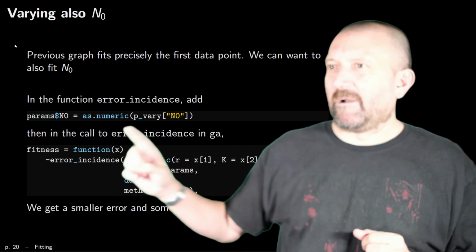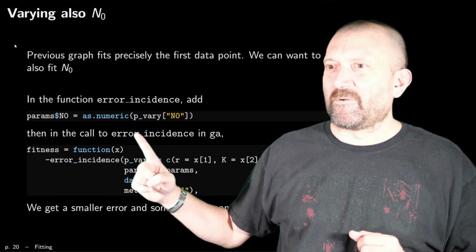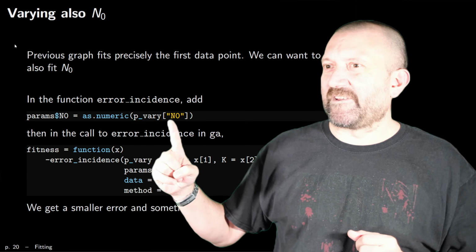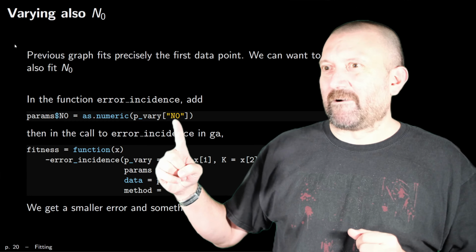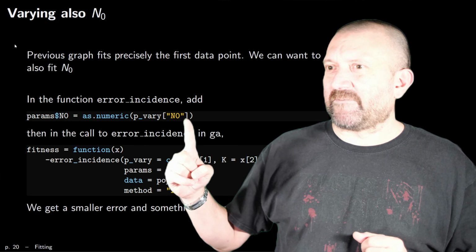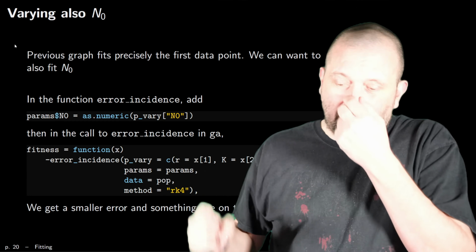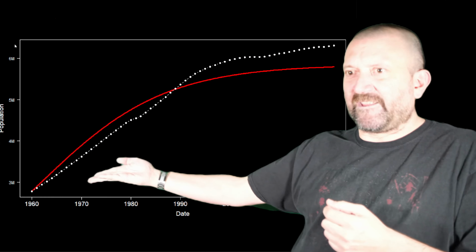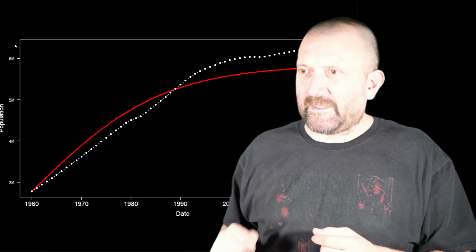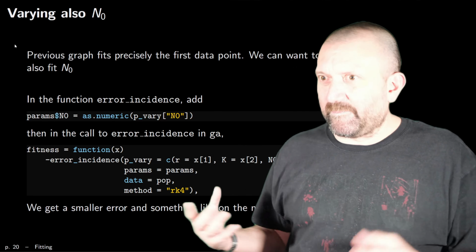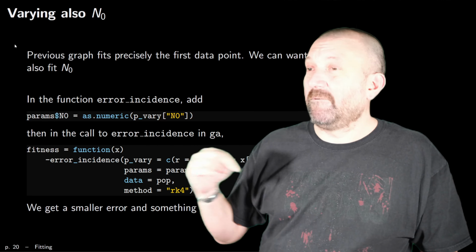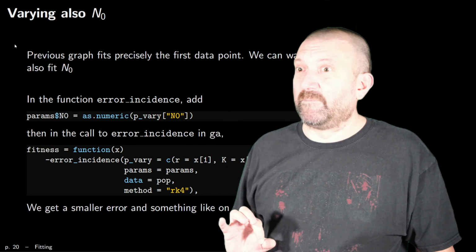When I'm at the beginning of my error function, you remember I have two lines that were saying vary r and k. Well, I can also vary n0, because nothing tells me that necessarily that is the value that I must have. Maybe there's a better fit by letting also the initial value be chosen.